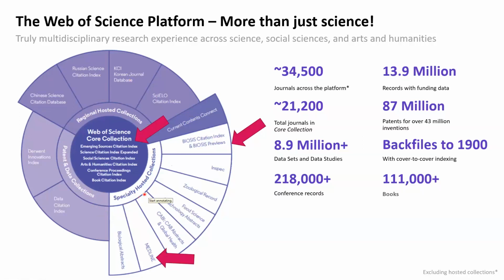So as of today, for USM Library, you have access to the trial of this Web of Science core collection, which covers the Emerging Sources Citation Index, Science, Social Science, Arts and Humanities Citation Indexes, Conferences, and Books Citation Index. You will also have access to Biosys Citation Index and Biosys Previews, as well as Medline. So these three you can access all in one platform for Web of Science.